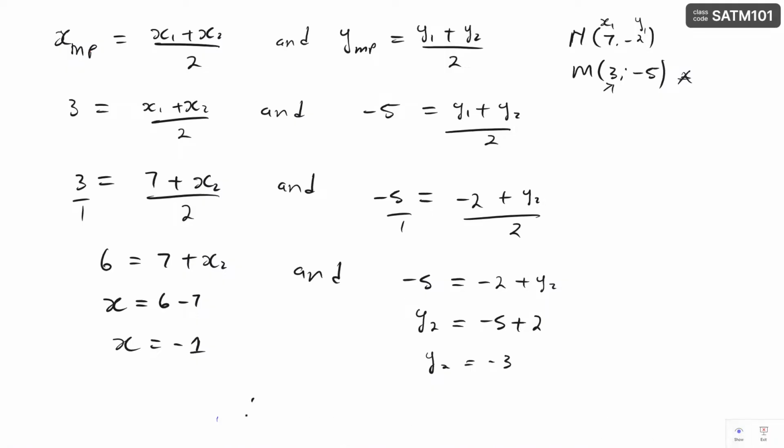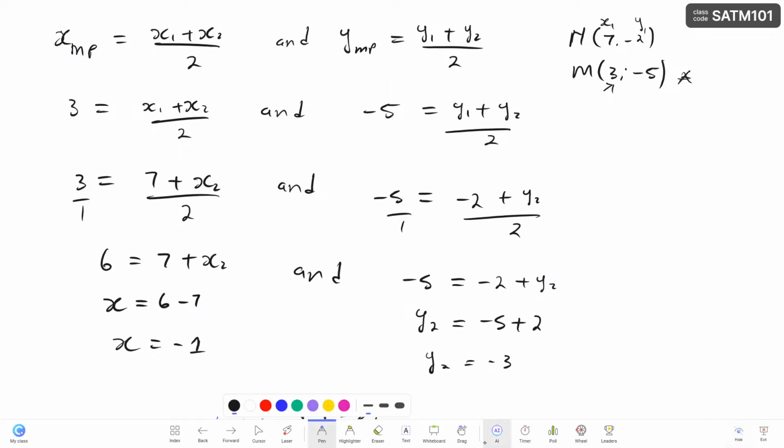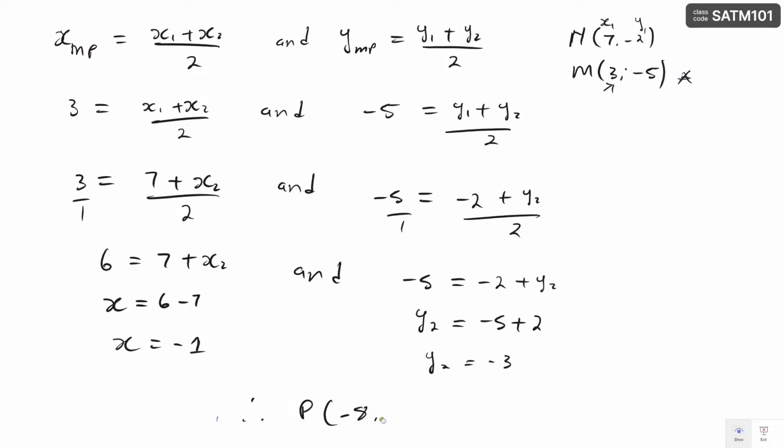So now you can say, therefore, coordinate P is negative 1 and what? No, sorry, negative 1.